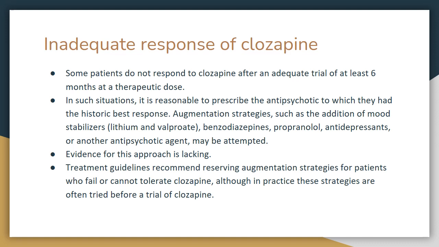Augmentation strategies such as addition of mood stabilizers, which are lithium and valproate, benzodiazepines, propranolol, antidepressants, or another antipsychotic agent may be attempted. Evidence for this approach is lacking. Treatment guidelines recommend reserving augmentation strategies for patients who fail or cannot tolerate clozapine, although in practice these strategies are often tried before a trial of clozapine.